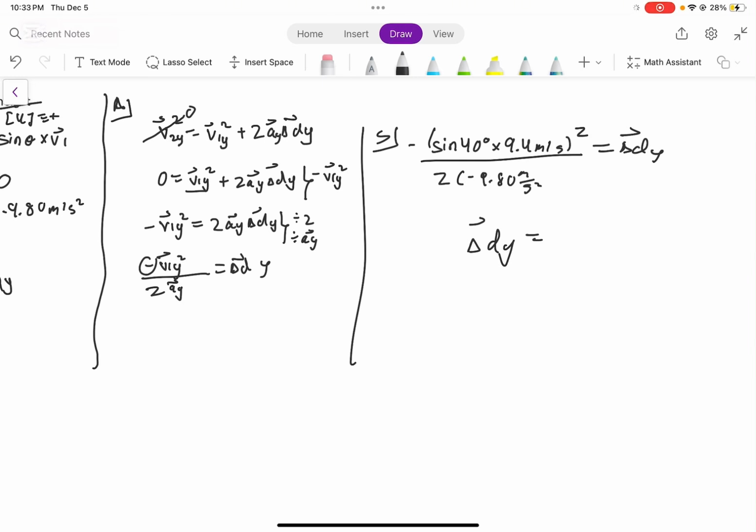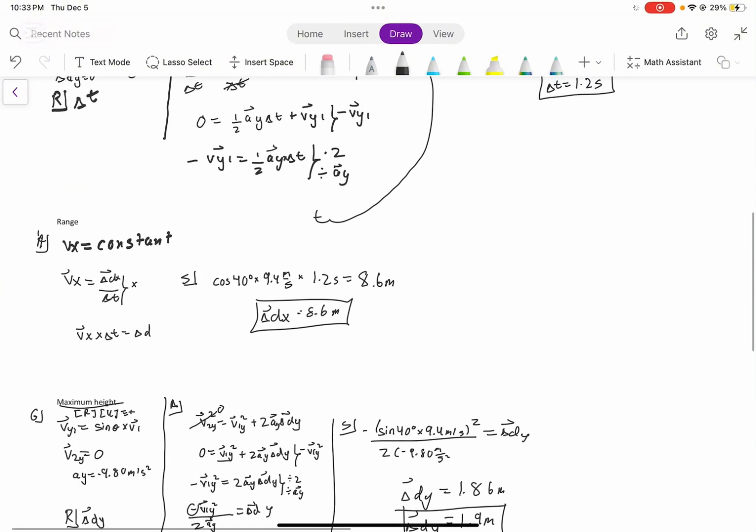And for this one, you end up getting, let me just punch it in. Your delta dy ends up being 1.86 meters, which you can round off to 2 significant digits to be 1.9 meters. And that is your final answer.